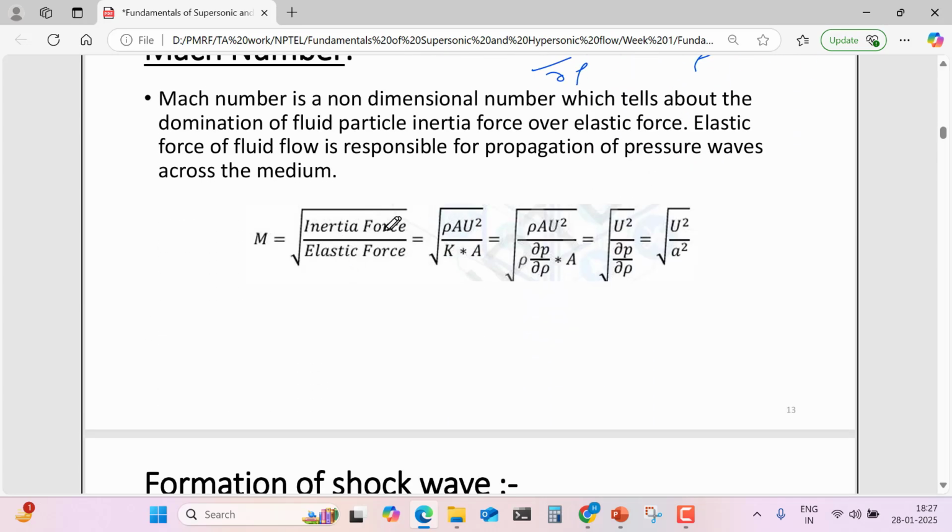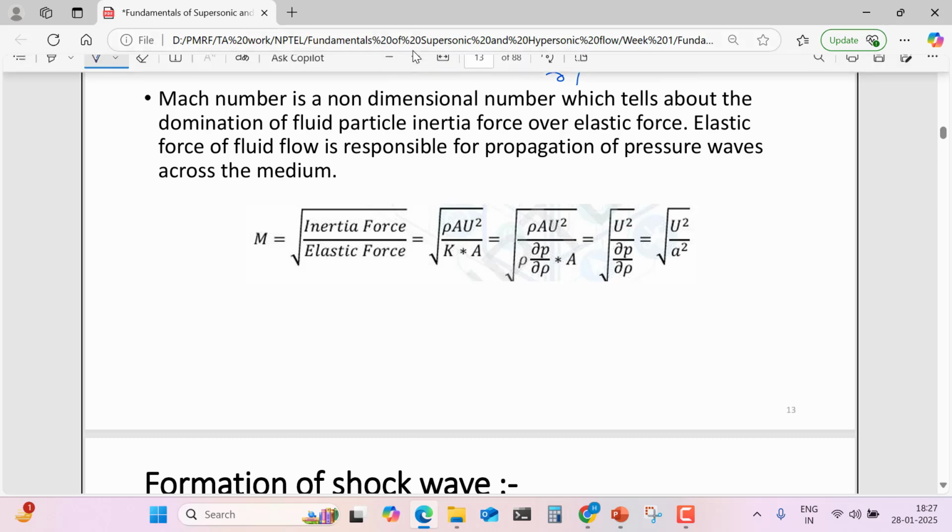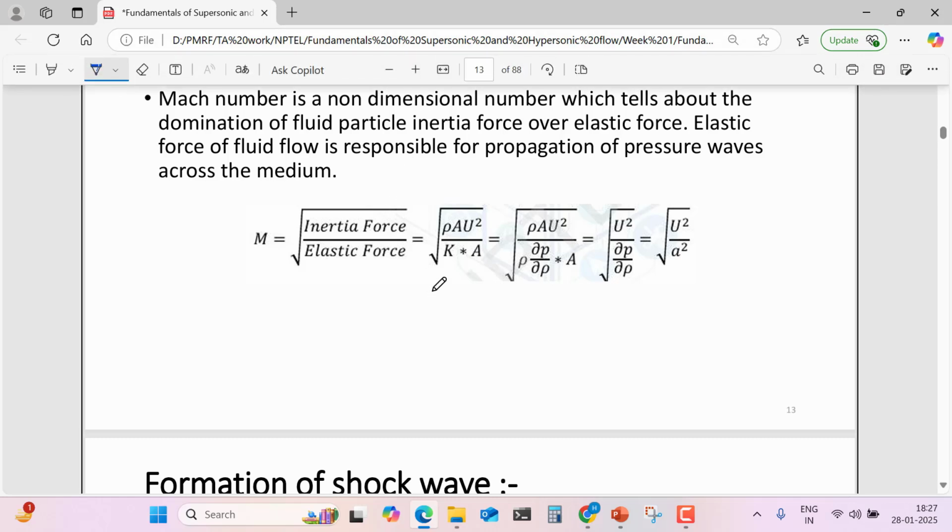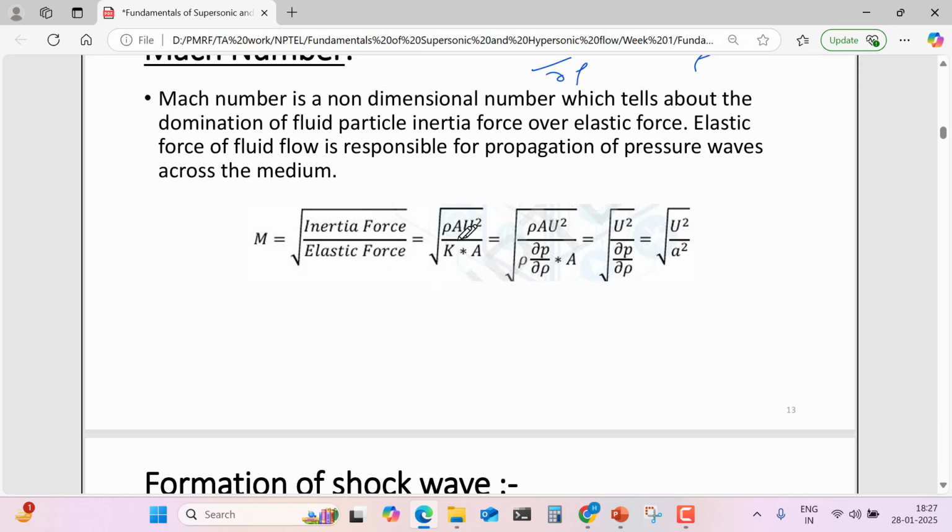So M equals under root inertia force upon elastic force. The inertia force is given by rho A u square, and the elastic force is bulk modulus of elasticity into area.